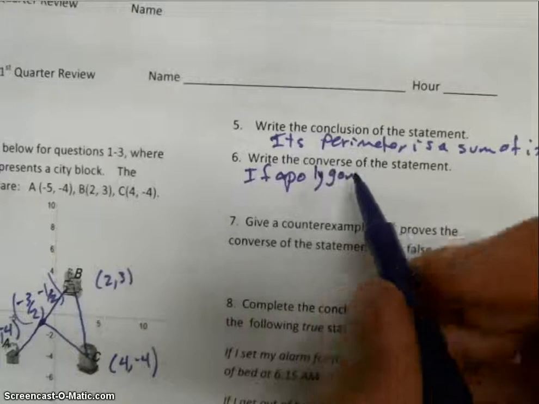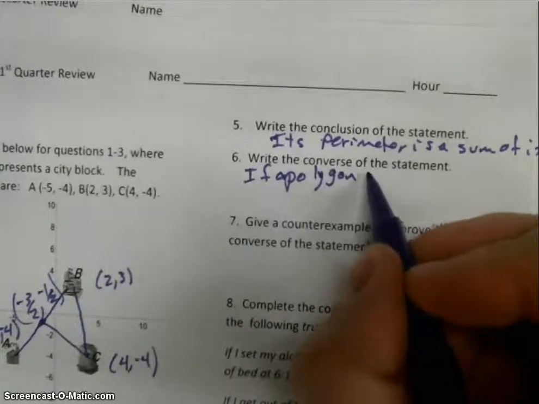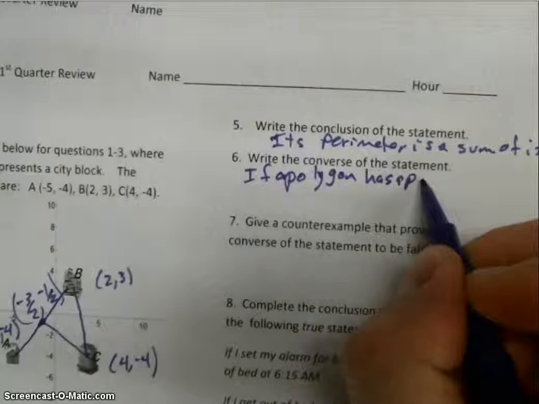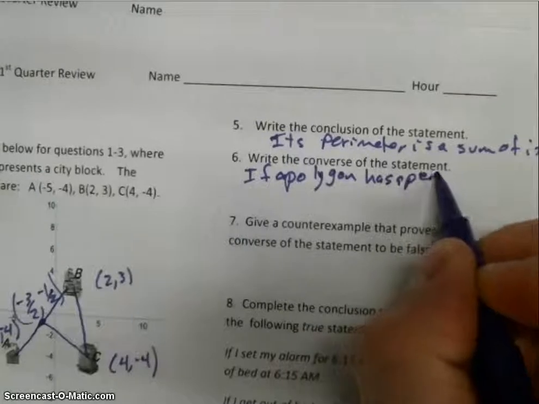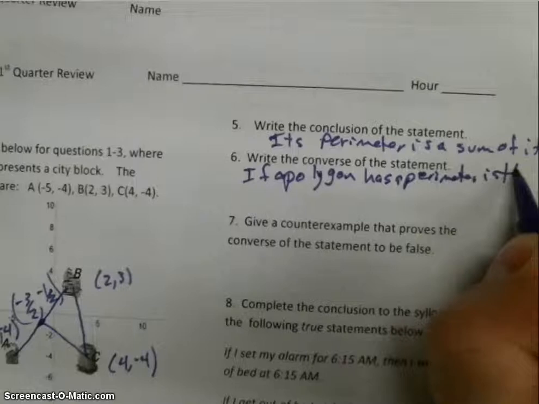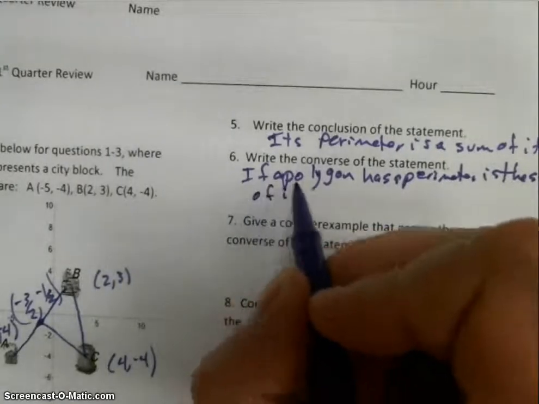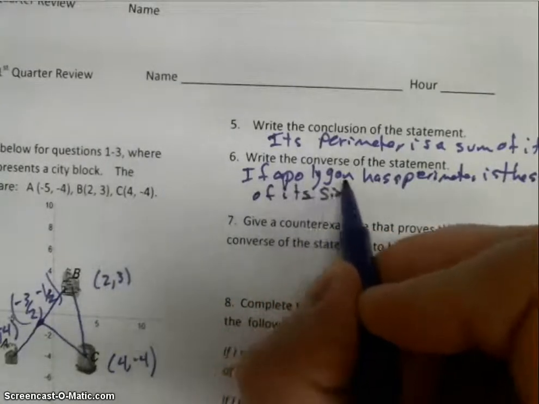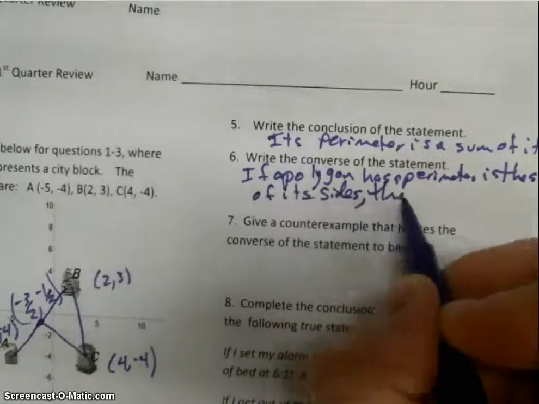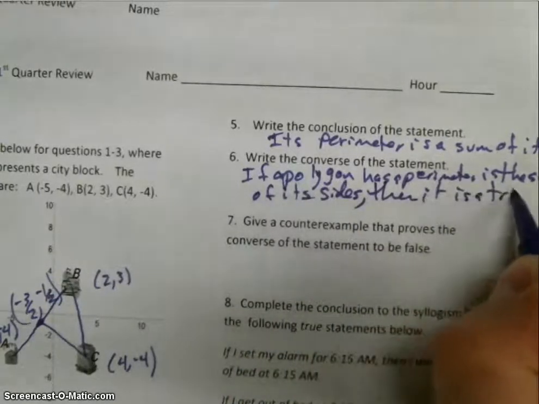If the polygon has a perimeter that is the sum of its sides, then it is a triangle.